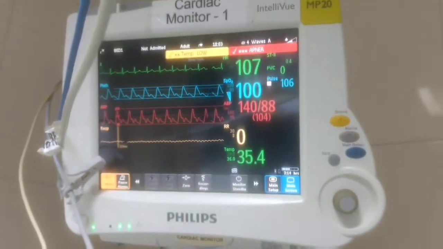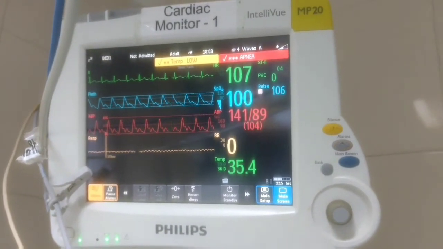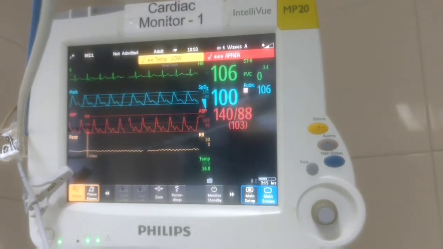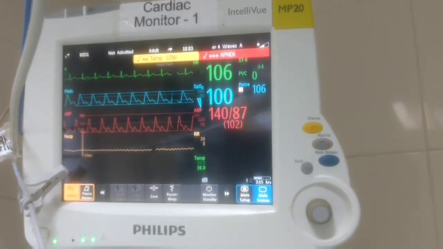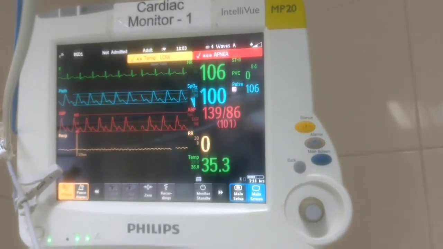Any abnormal values like a drop in the heart rate, a drop in the saturation, or a drop in the blood pressure, you should consider stopping the test, connect the patient to the ventilator and continue the resuscitation as per the protocol.